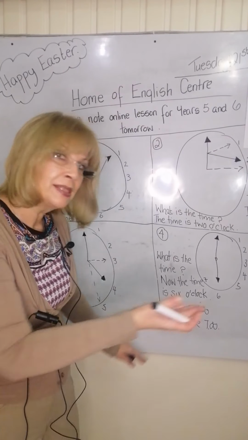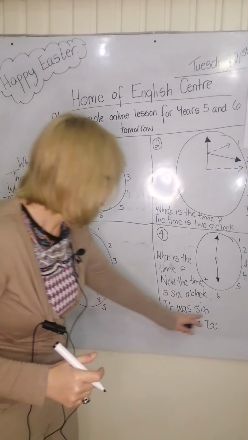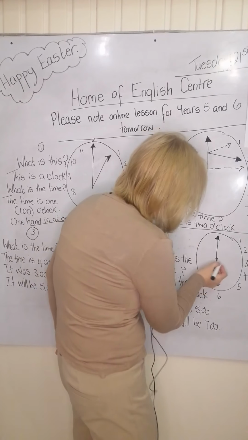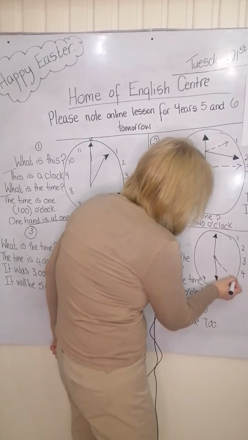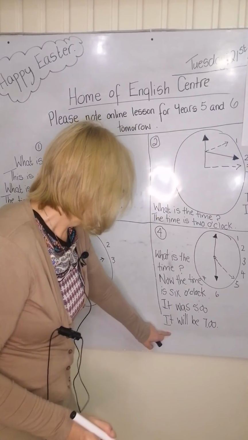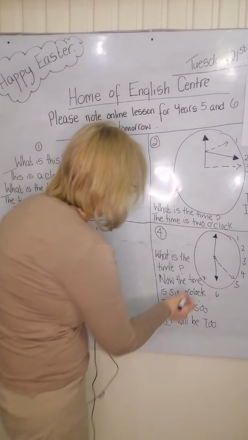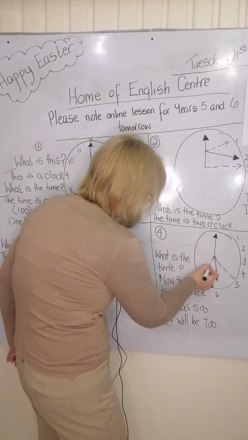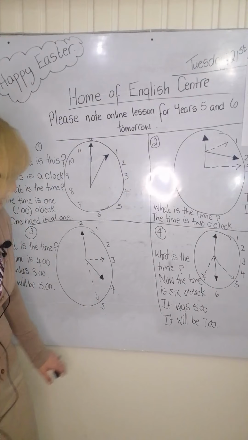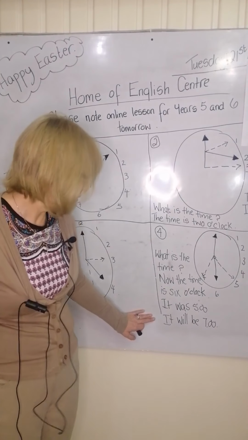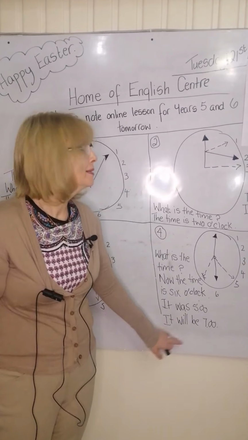It was past 5. Let's try. It was 5. It will be 7. So you can see it was 5, it will be 7.